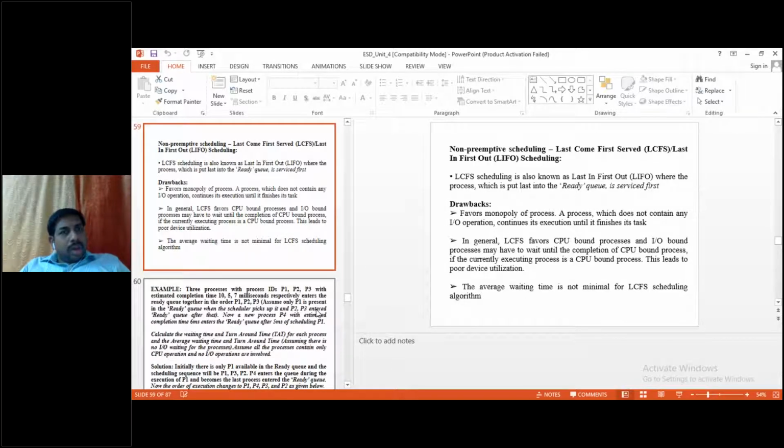In the same non-preemptive scheduling, if you consider the last come first serve technique, the ready queue is maintained based upon last in first out.